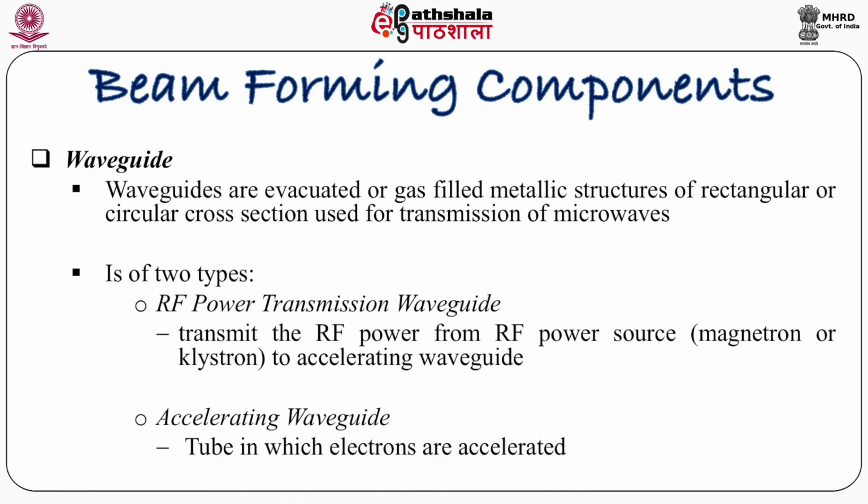Now the electron is synchronized with this RF power and injected into the waveguide. The energy of the electron is increased with this wave in the waveguide due to the klystron or magnetron, and it achieves its final energy to produce photons or to come out as an electron beam from the accelerator.